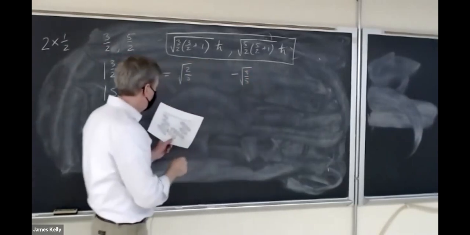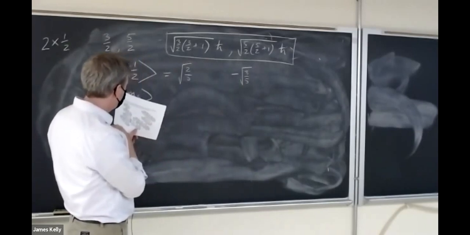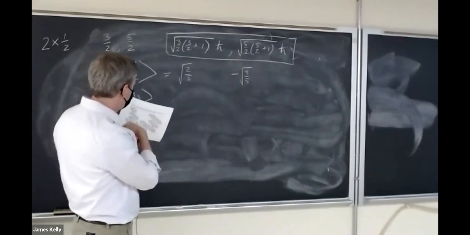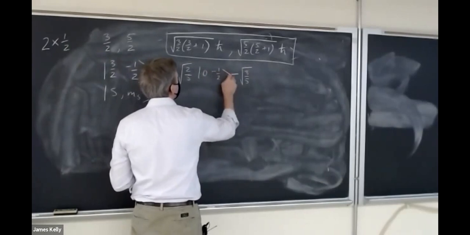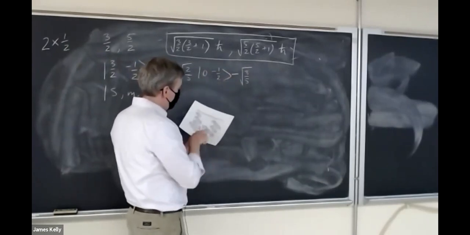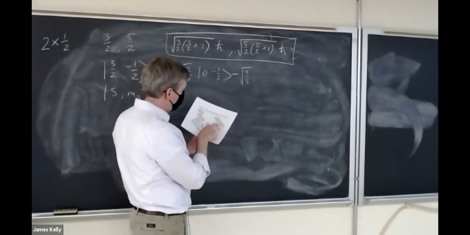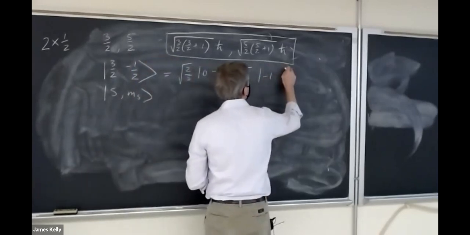The individual states next to those, if I read to the left from those coefficients, are 0, minus 1/2, and also minus 1, plus 1/2.